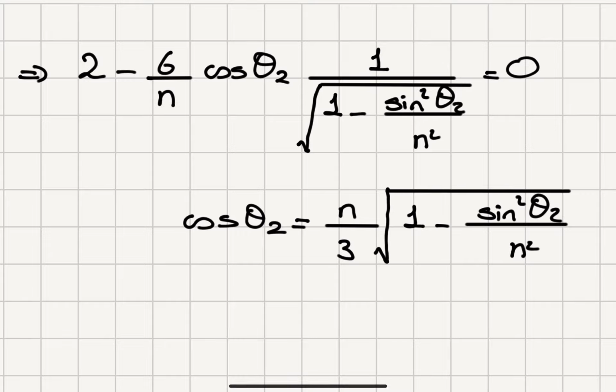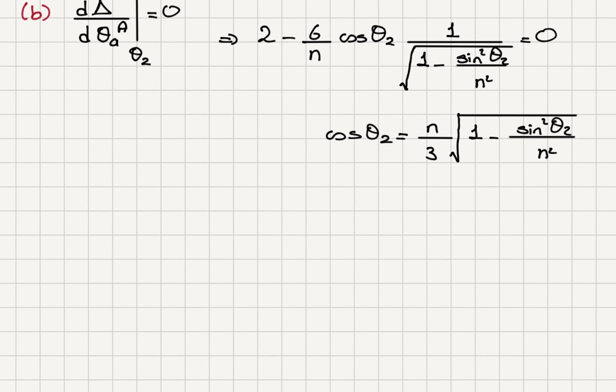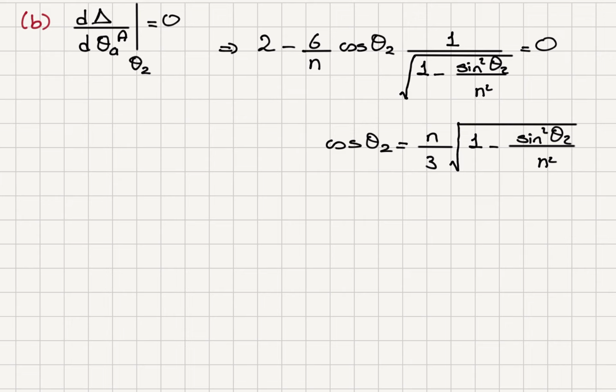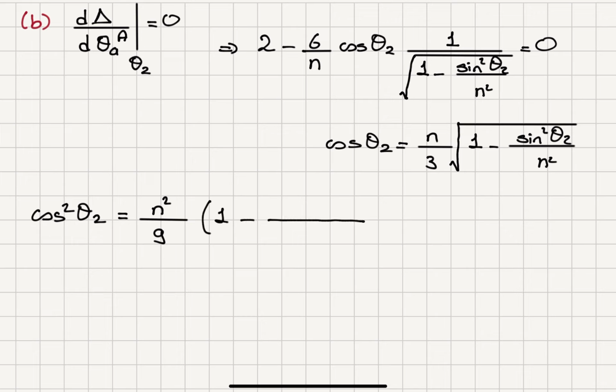Okay, now we have to take the square of both sides to solve for theta 2. So cosine square theta 2 is equal to n squared over 9, and then we have 1 minus sine square theta 2 divided by n square.